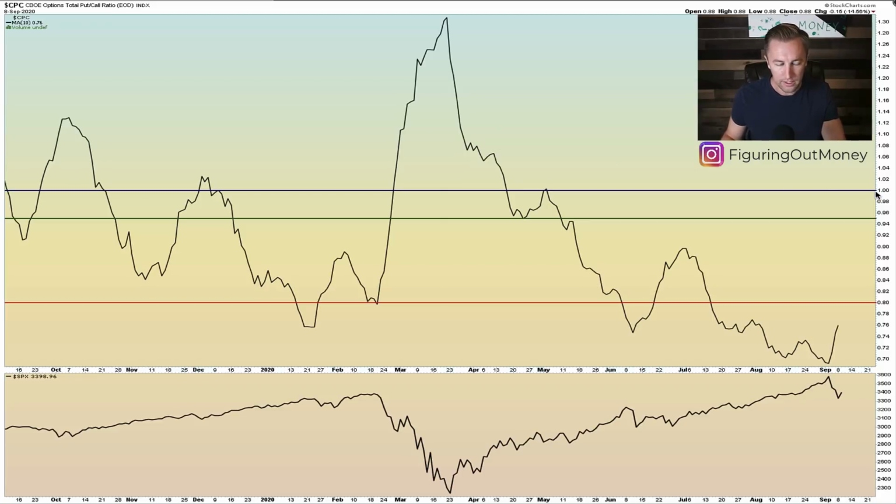The 1 level is still right here, so the overall sentiment in the market, as you can see, is still very bullish. Now comes into play the green and the red line. These are adjusted because we minimized the spikes, so they go to 0.95 and 0.80. And here is where the indicator gets very interesting.